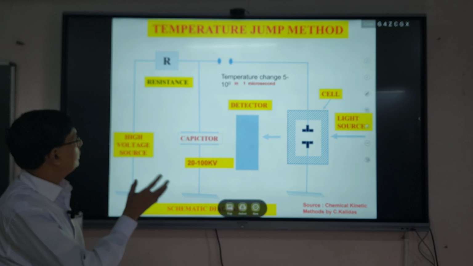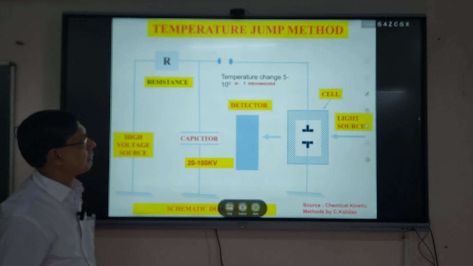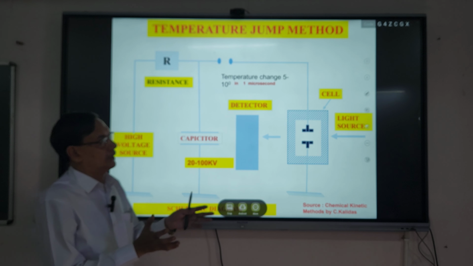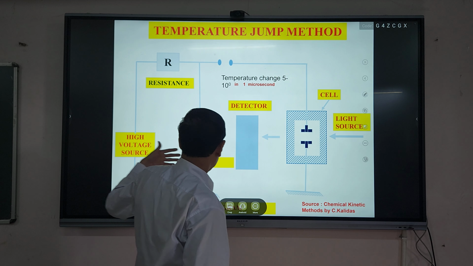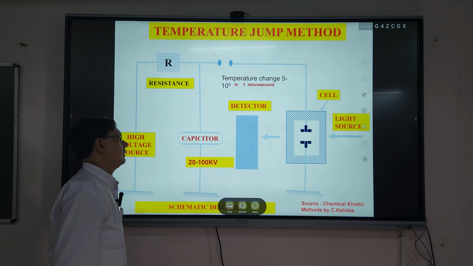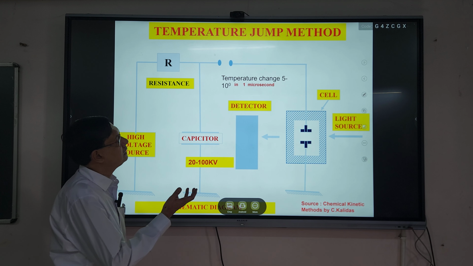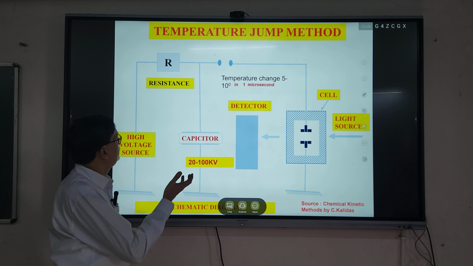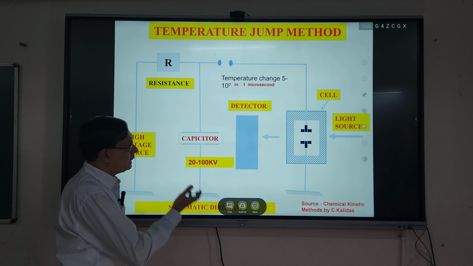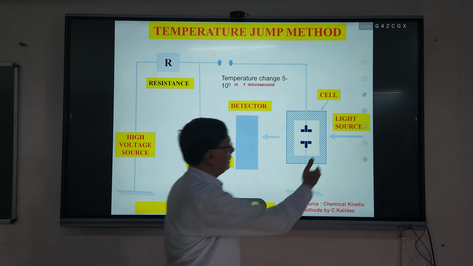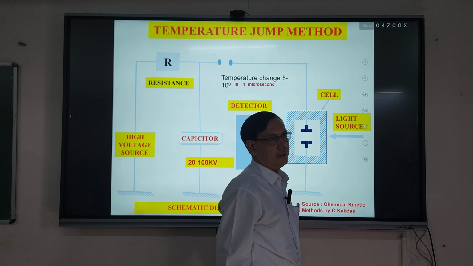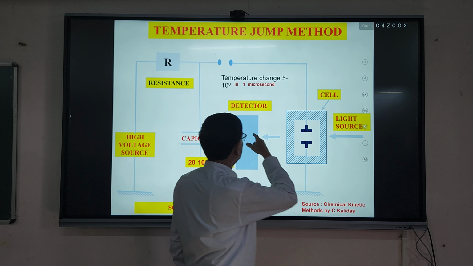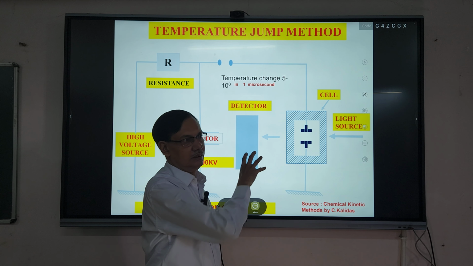Now what is the difference between these two systems? In that one we measure the conductance. But here, when we discharge this high voltage, the temperature increases, I think by 5 to 10 degrees. Immediately there is a light source, some monochromator, and a detector, a photomultiplier tube and other things.